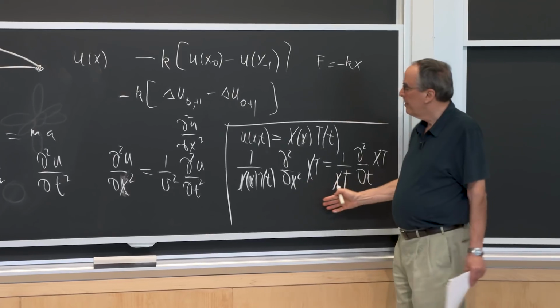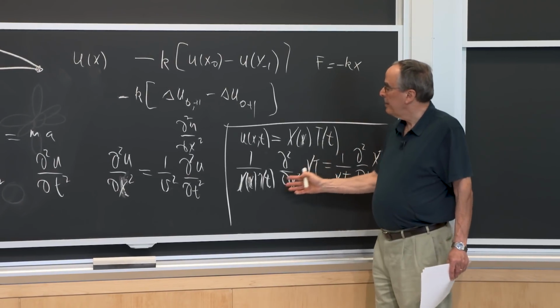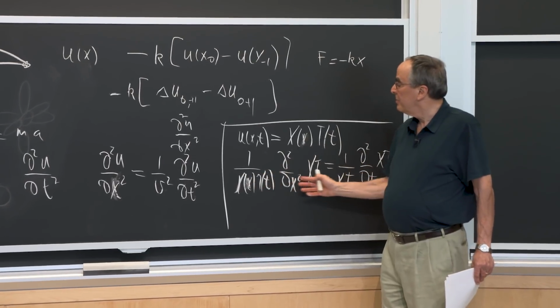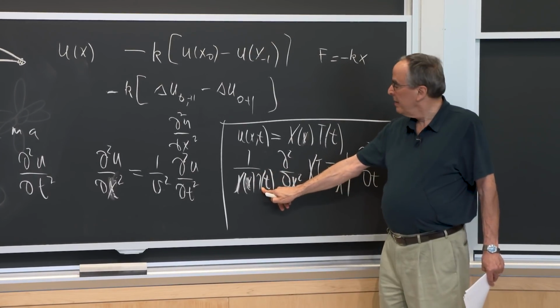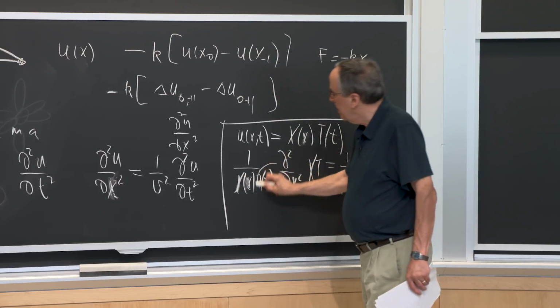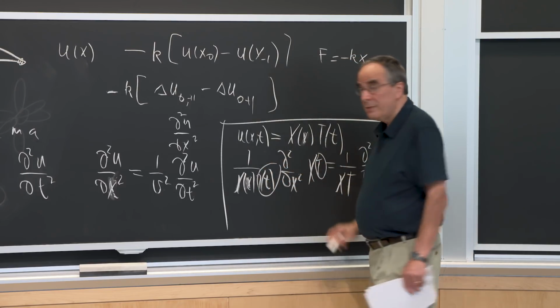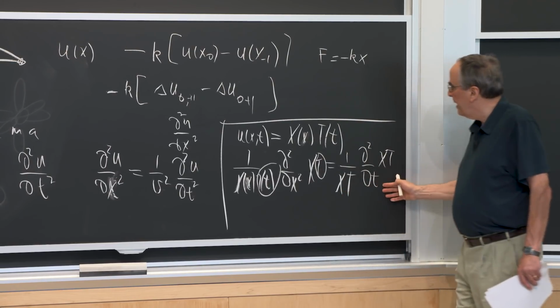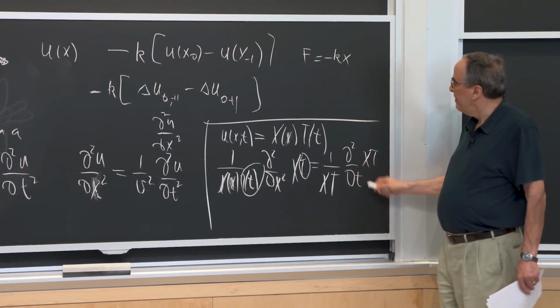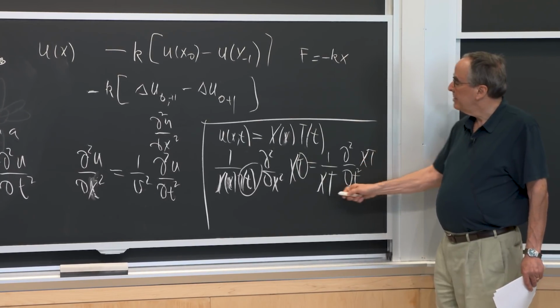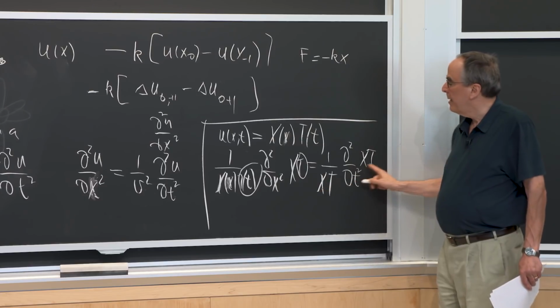Well, on this side of the equation, the only thing that involves time is here. This doesn't operate on time, and so we can cancel the time dependence from this side. And over on this side, this derivative operates on t but not x, and so we can cancel the x part.